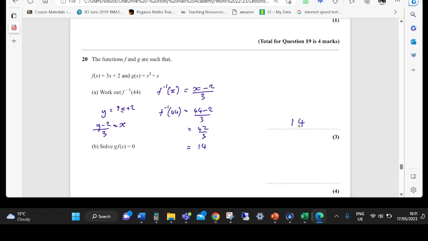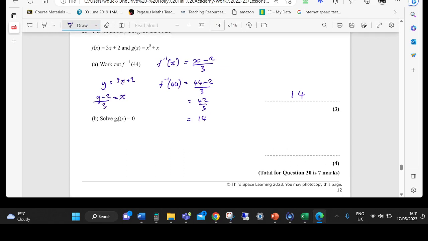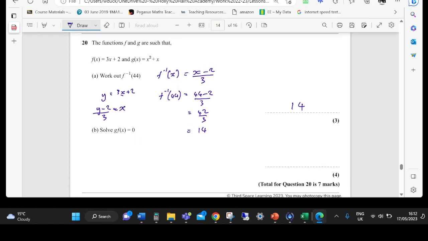Right, 14. And for the second part, solve f of x equals g of f of x. So we need to put the function of x into x. So if I say that g of f of x, first of all, is going to be equal to 3x plus 2 all squared plus 3x plus 2, that will give me g of f of x.